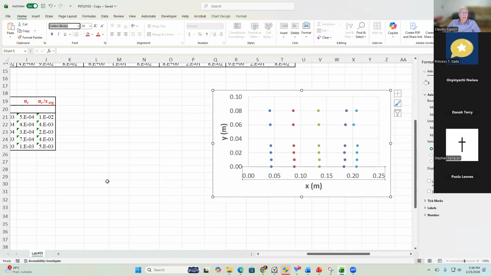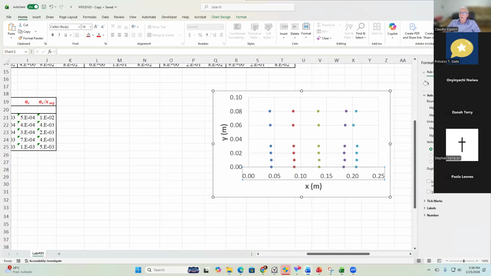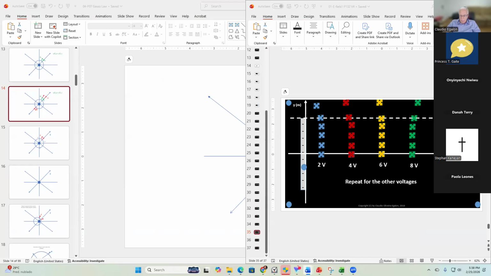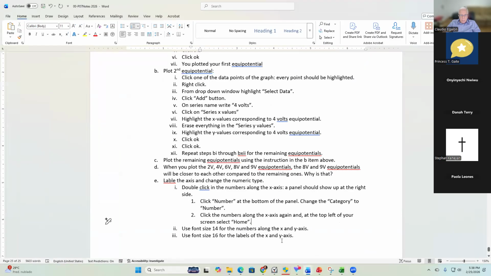Look for the font size at the top of the screen and select size 14. Okay, that's what I did.